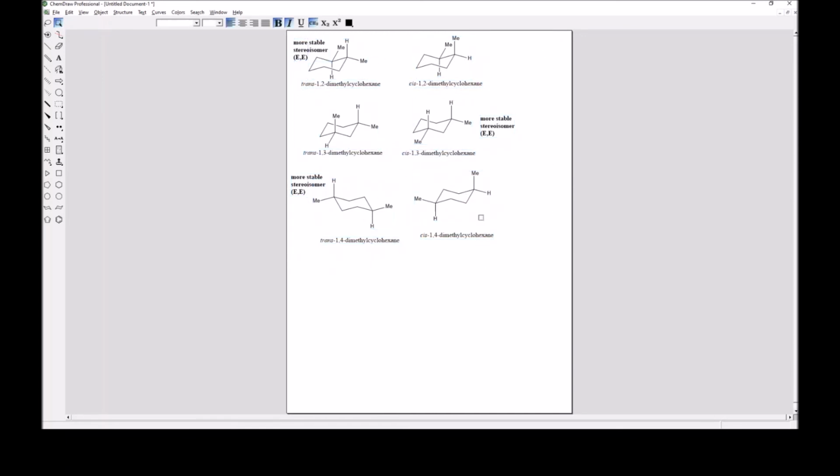So I'm going to take this. Well, I'll just add something in here. So for each stereoisomeric pair, I've identified the more stable stereoisomer and justified my choice of calling it the more stable stereoisomer by pointing out how both of the methyl groups are equatorial. But this one has an added issue, which is additional steric collisions or strain or interactions between the methyl groups.